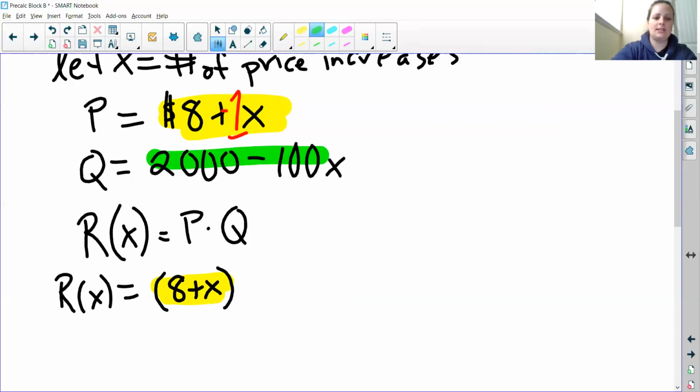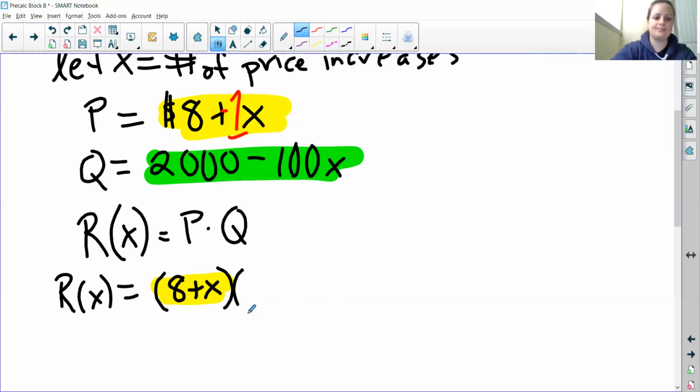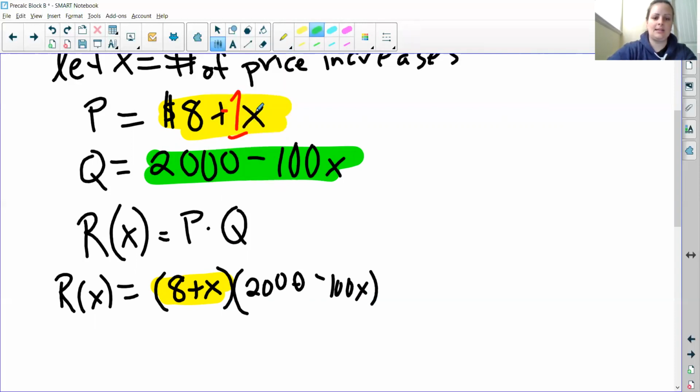And our quantity is 2,000 minus 100X. Oops, I'm missing a 0 there. So that is our Q. Okay, I'm just going to finish my color coding here.